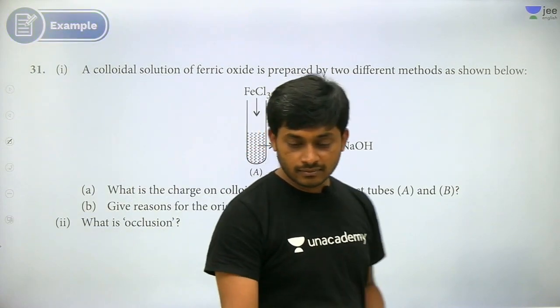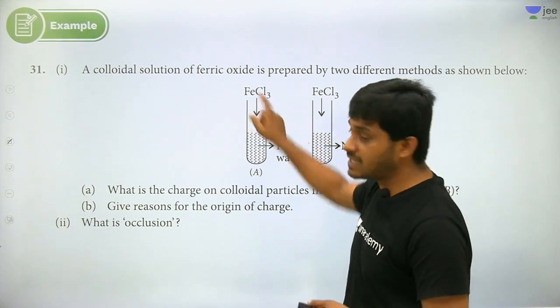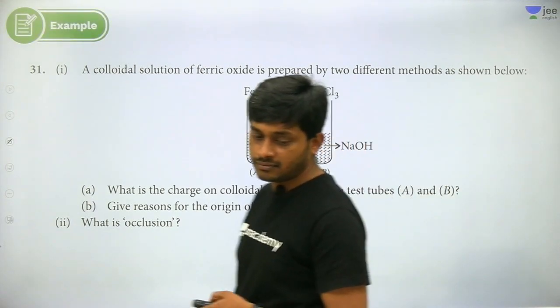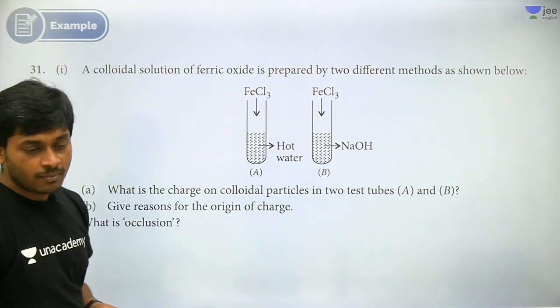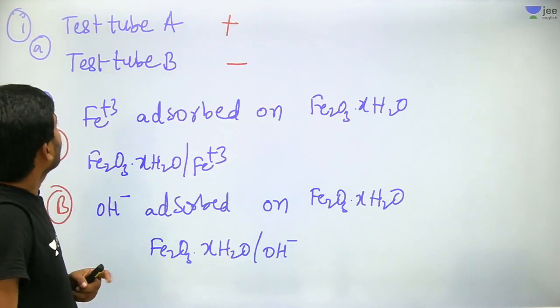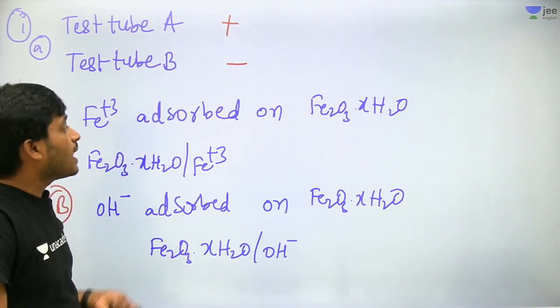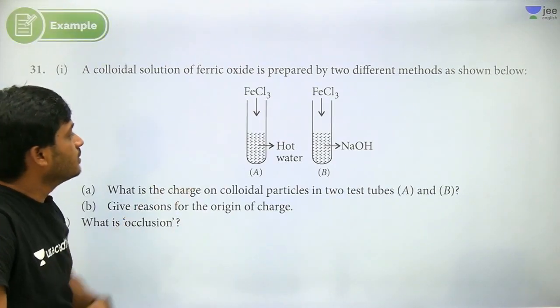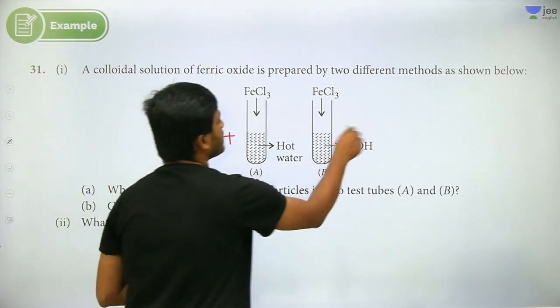Now, what is the charge on this, plus or minus? See here, test tube A has plus charge, test tube B has minus charge. You come back to this question. It is plus charge here, it is minus charge here.